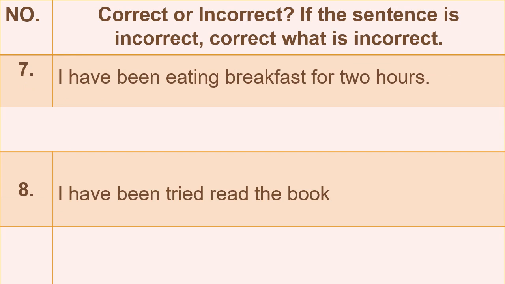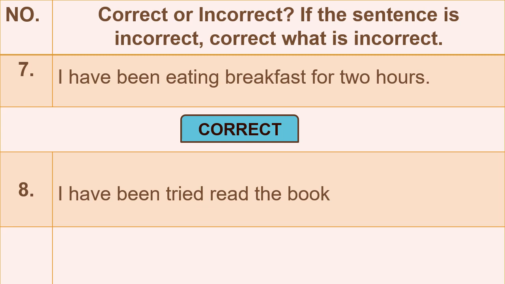Correct or incorrect? If the sentence is incorrect, correct what is incorrect. Number 7. I have been eating breakfast for 2 hours. Is this correct or is this incorrect? Okay, what is the answer? The answer is correct. Number 8.